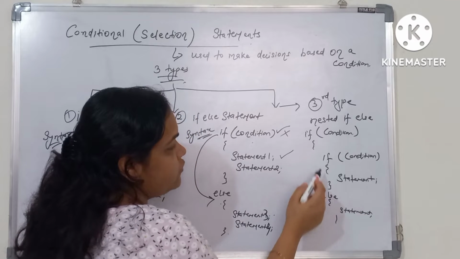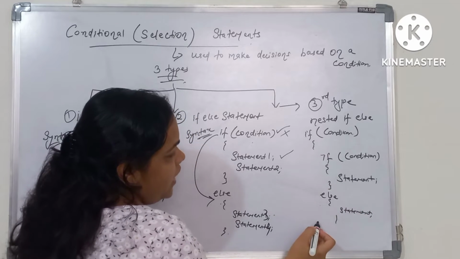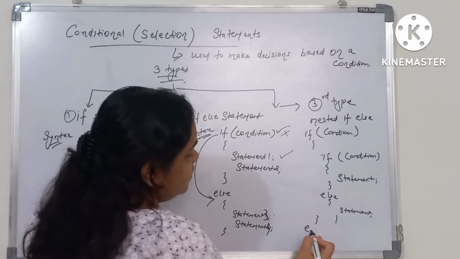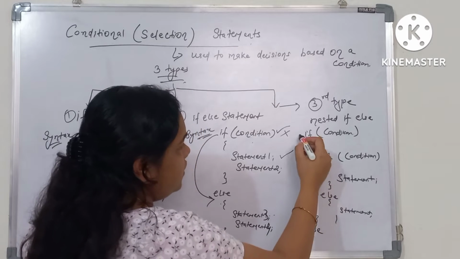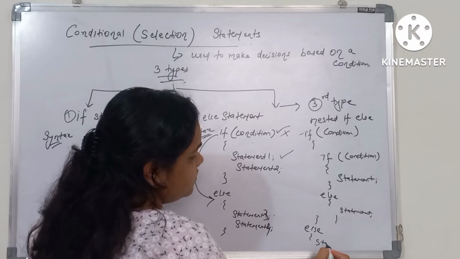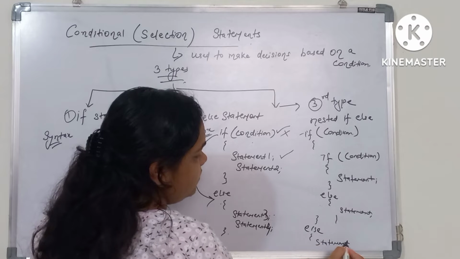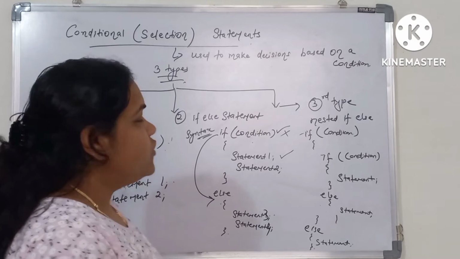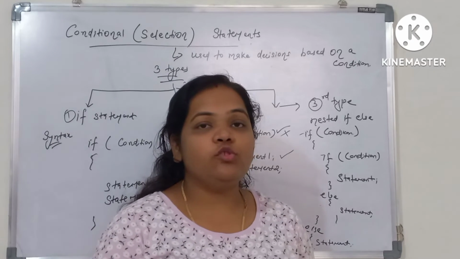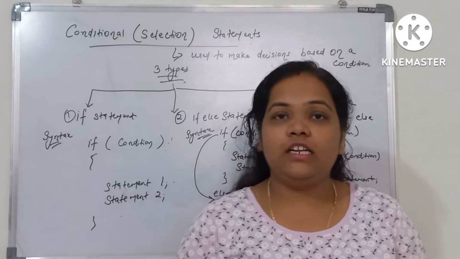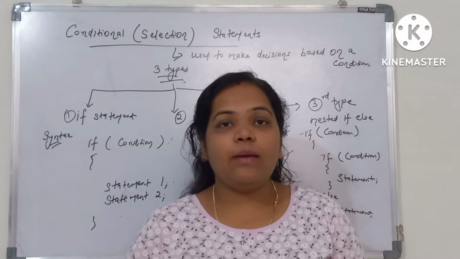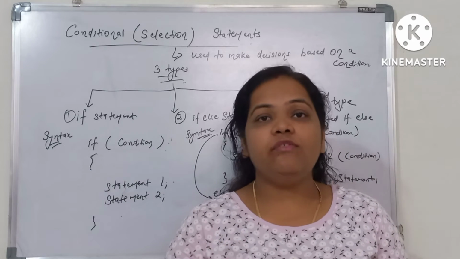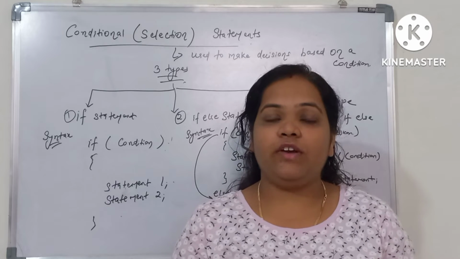This else part is for the second if. And now here, else part for the first if. Statement, and then curly braces end. Clear? So selection statement is used to make decisions based on a condition. And there are three types: if statement, if else statement, and nested if else statement.